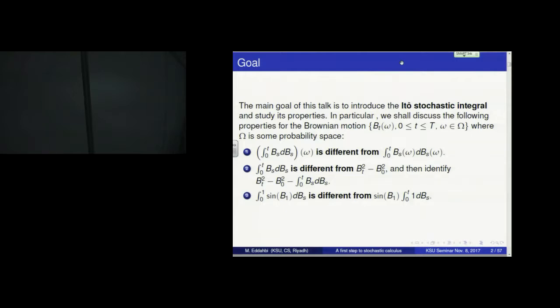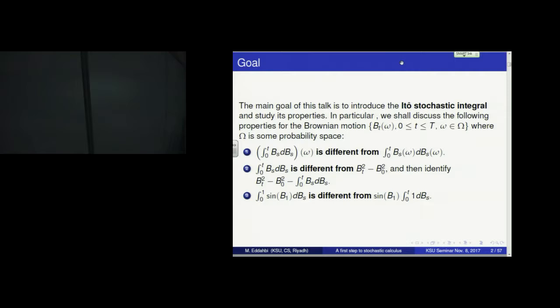So what does this mean? A Brownian motion or a stochastic process is a two-parameter function. One is time, another is little omega. The regularity in this little omega is only measurable. No continuity is needed for that. But for time, we will see what is the maximum regularity for that function.